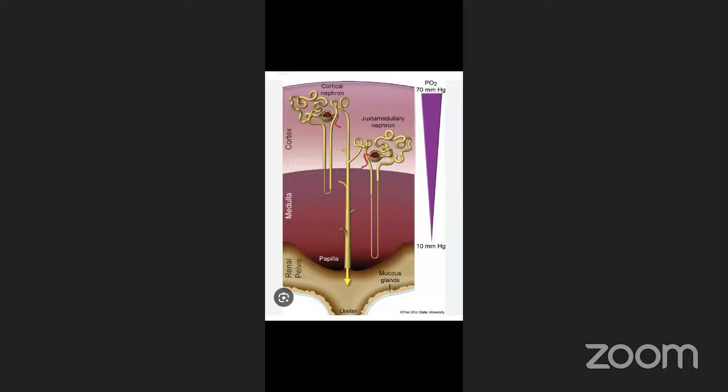So that is the structure of the kidney, depending on the type of organism and where it stays, the habitat, depending on how much water it's subjected to and whether it's less or a lot.